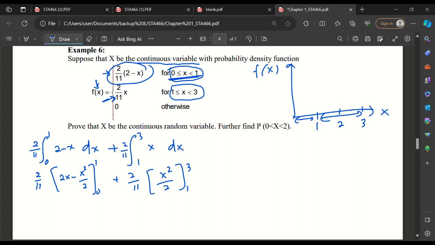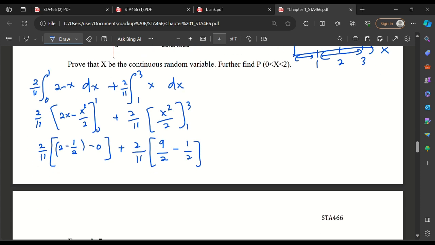Okay, so selesaikan. So kat sini you akan dapat 2 over 11. Replacekan x with 1. So it will be 2 minus 1 over 2 minus 0 plus 2 over 11. Here will be 9 over 2, right? Minus dengan 1 over 2. Okay.